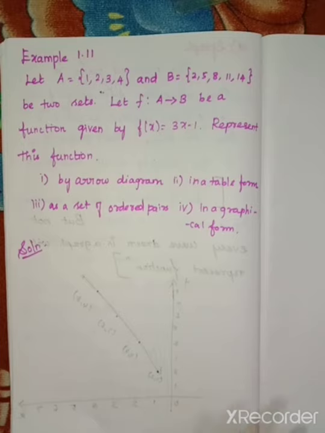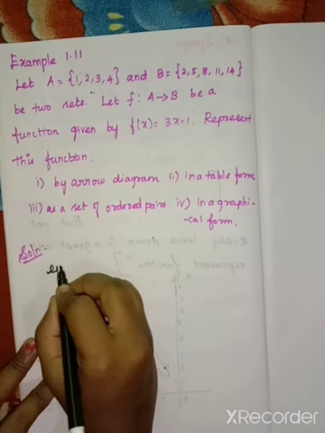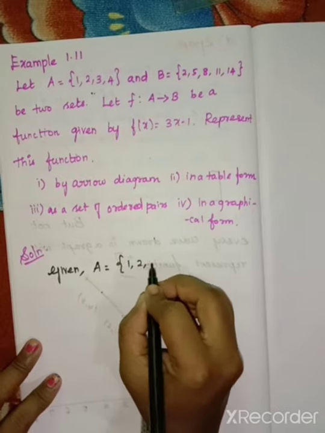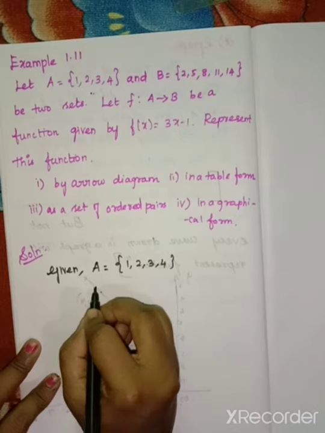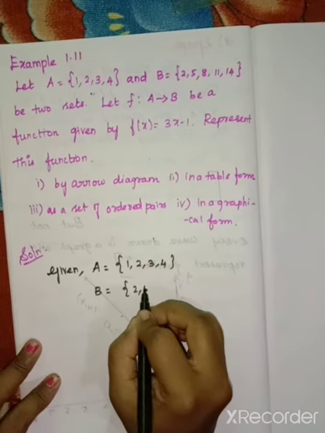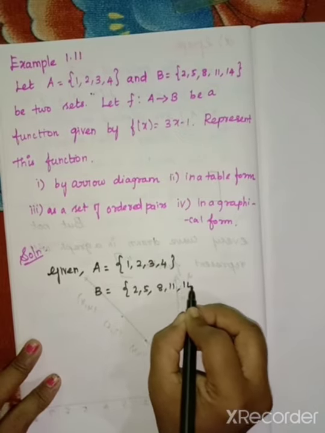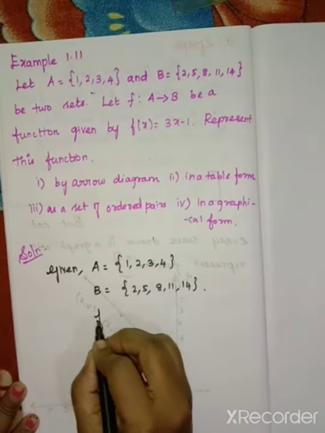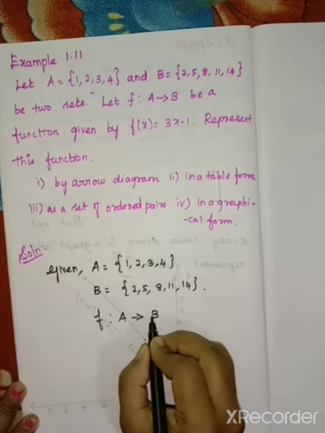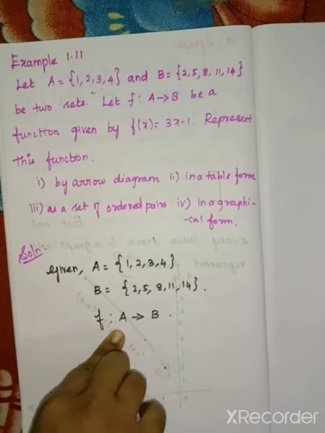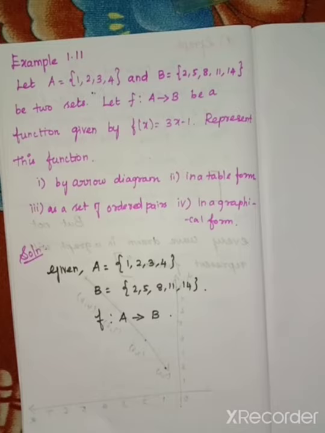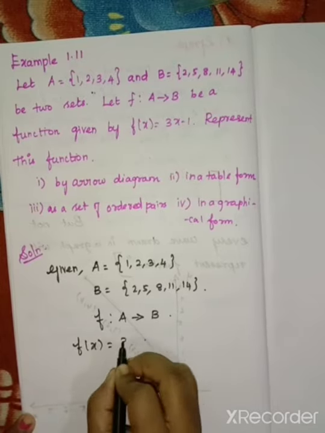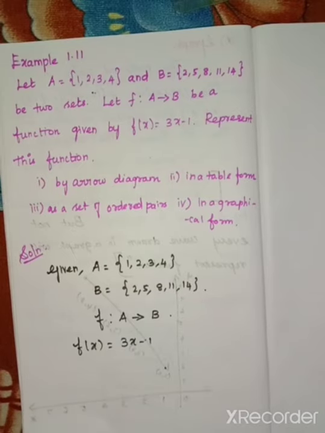So here given is A equal to the set of 1, 2, 3, 4 and B equal to the set of 2, 5, 8, 11, 14. Here already it is given, let f from A to B. So A to B means A as domain, B as codomain. From this, the function is f of x equal to 3x minus 1.